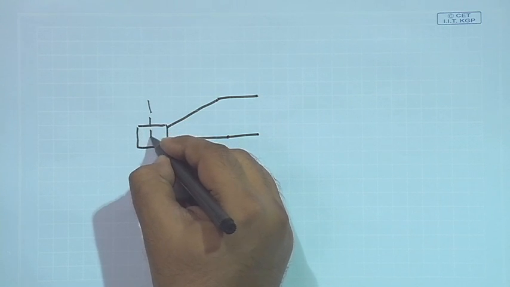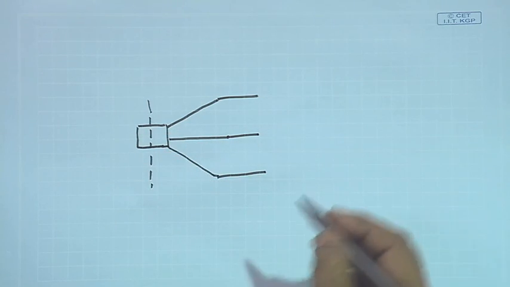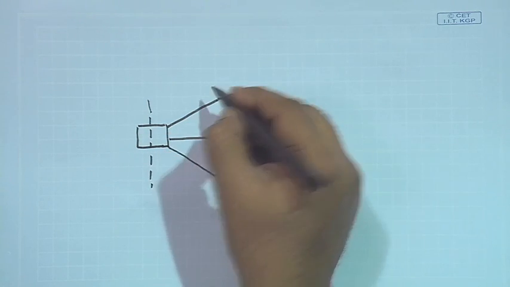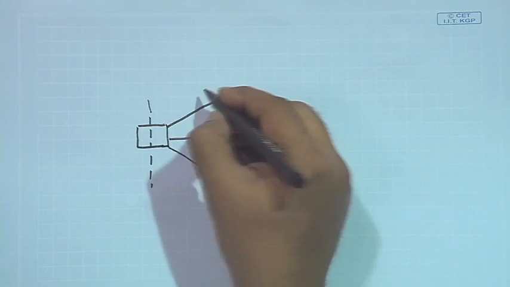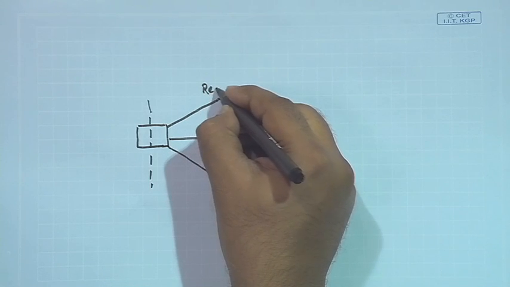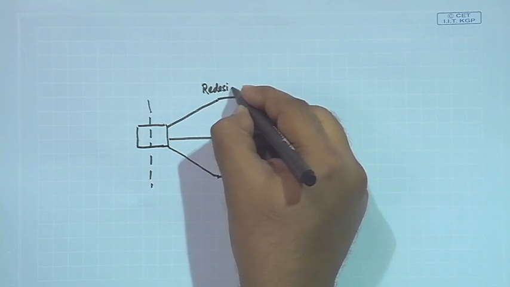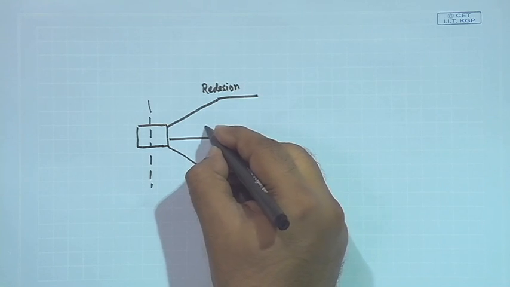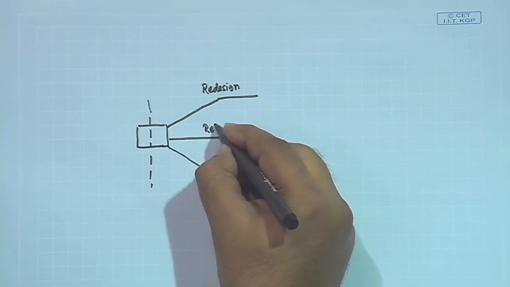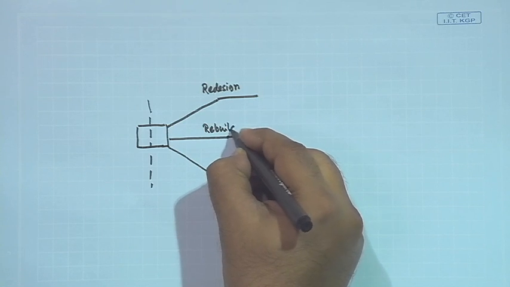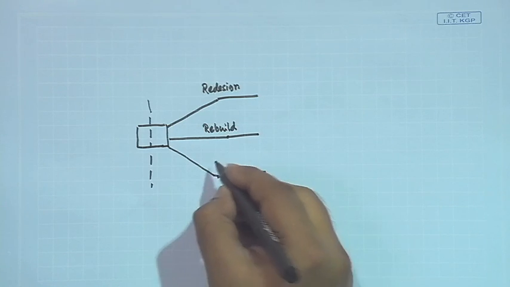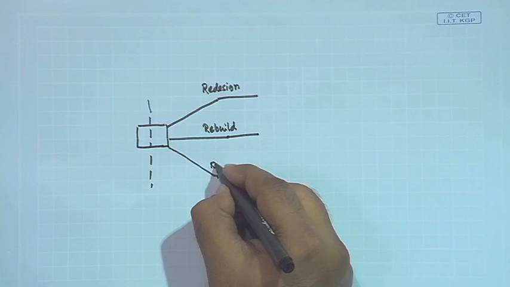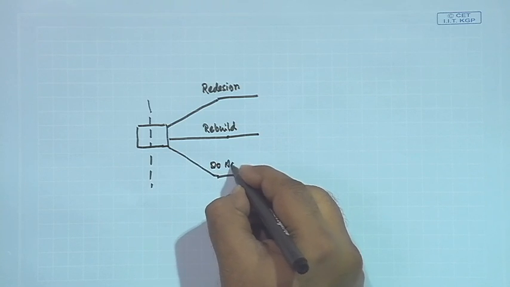So, what are those three decision alternatives? Let us write them down. First one is redesign on a small scale, right. The second one, rebuild and refurbish. So, let us call it rebuild, and the third one is do nothing.